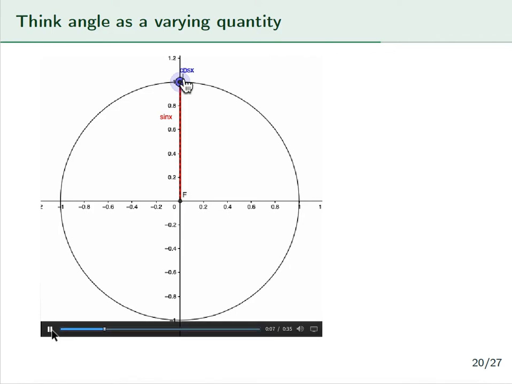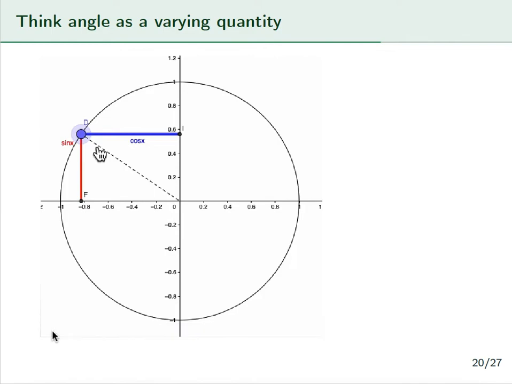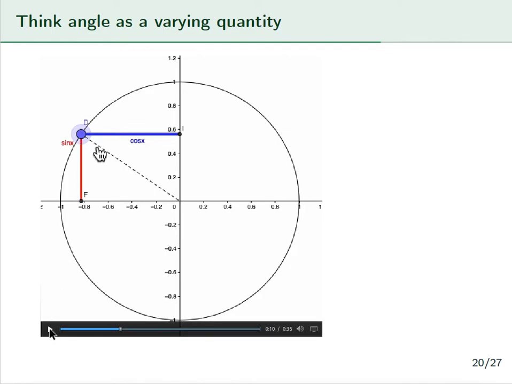So let's increase the angle more. Second quadrant. Then we can see the sine value decreases, right? This length decreases, whereas for the cosine value, the length increases, but actually we view this as a negative length. So cosine length is decreasing, but in terms of magnitude, it is increasing. Because this length is negative, it's decreasing also.